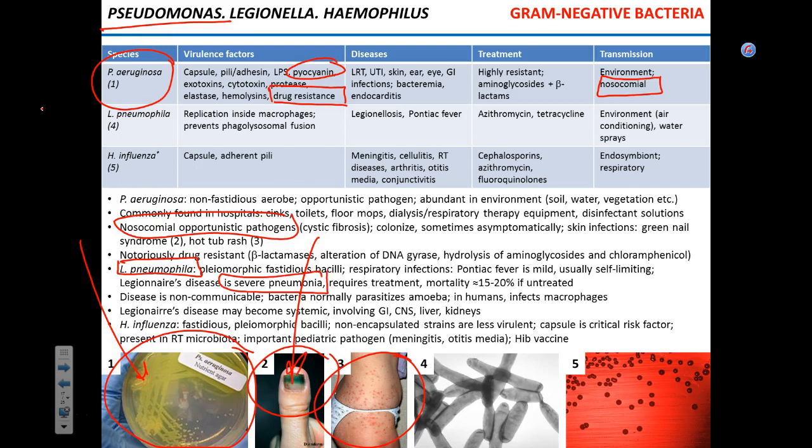The autopsies identified the possible culprit, a pathogen, a bacillus that had very characteristic intracellular, intramacrophage growth. So Legionella, as it was later called, somehow invaded the lungs and infected alveolar macrophages.